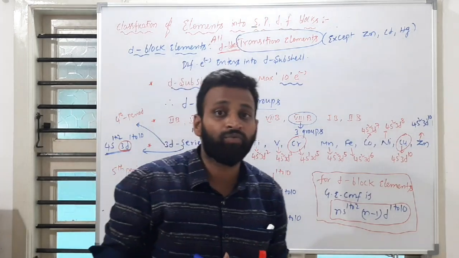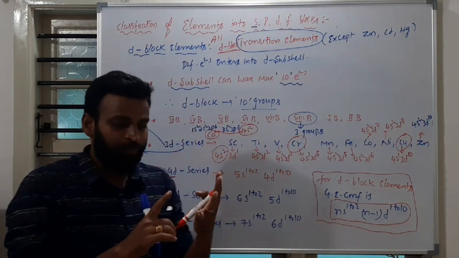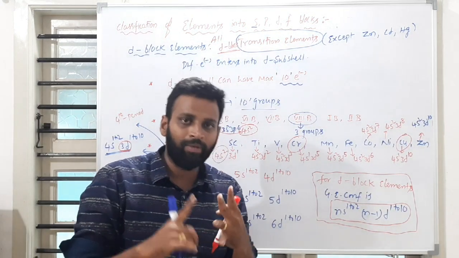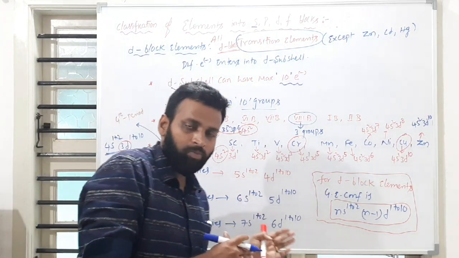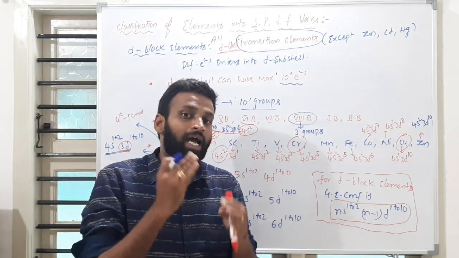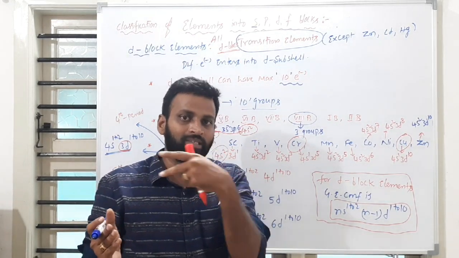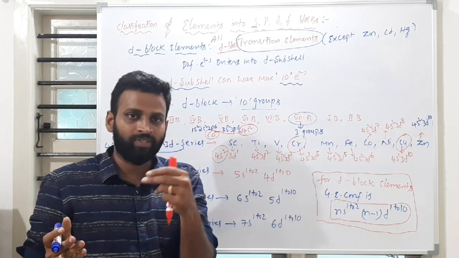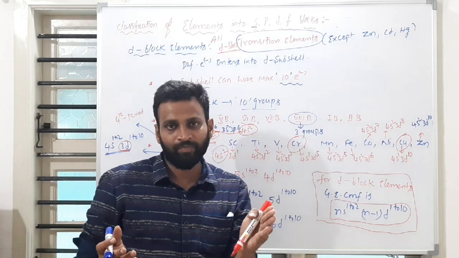What are the properties of transition elements? So we discussed now s block elements, p block elements, d block elements. Next we have f block elements, and the f block element configuration I have given already, and I told you there are only two series, 4f series and 5f series. 4f series are called lanthanides and 5f series are called actinides.